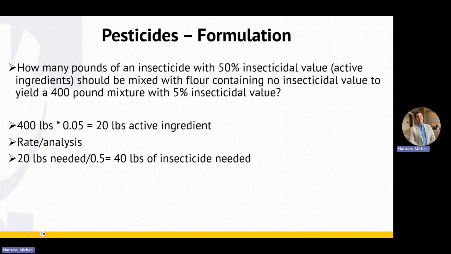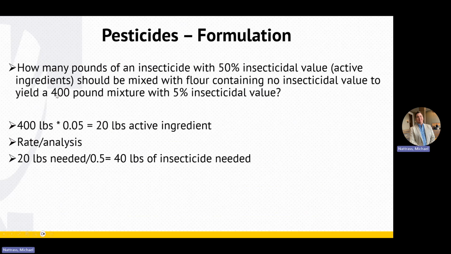So once we figure out how much we need, what the rate is, we're going to divide the rate by the analysis. And we got this analysis from right here. So rate over analysis means that in this, we need to have 40 pounds of this material. And think about this, 40 times 0.5 gives us the 20.